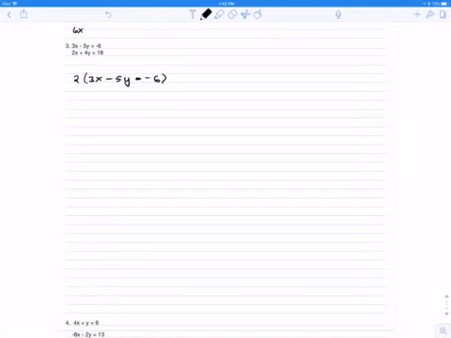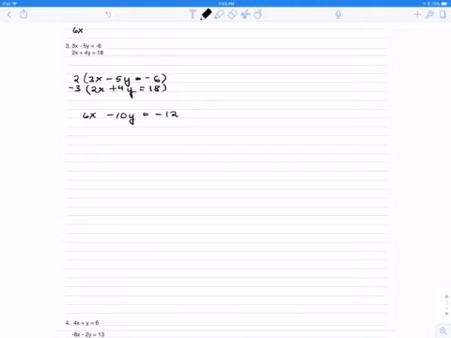To get the second equation to lead with a negative 6x, I need to multiply each value in that second equation by a negative 3. So what I'll end up with is 6x minus 10y equals negative 12.